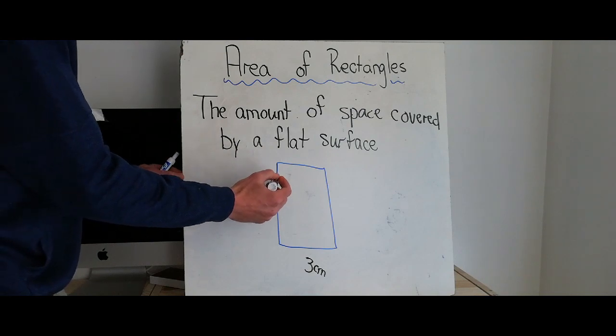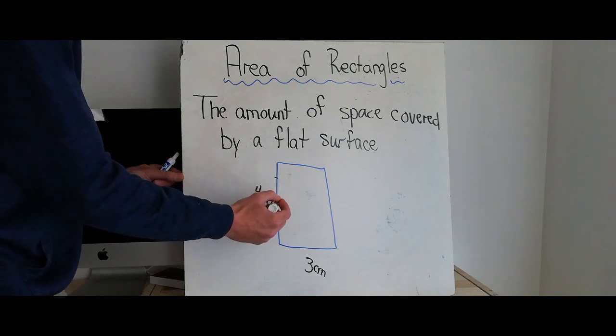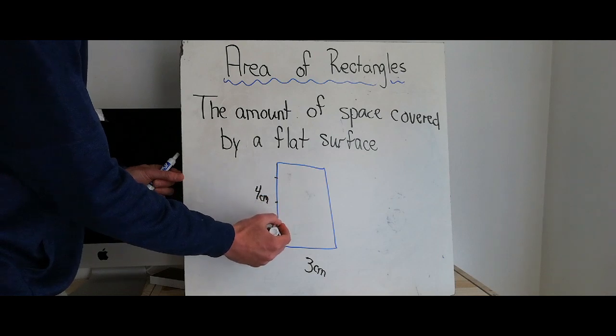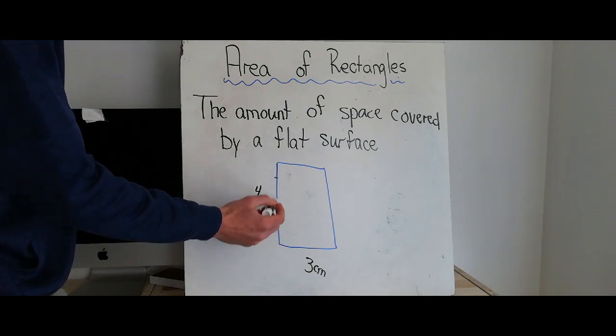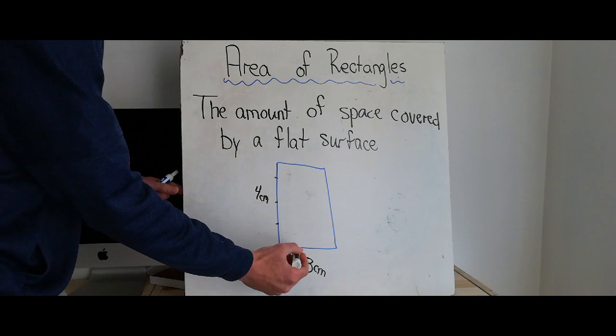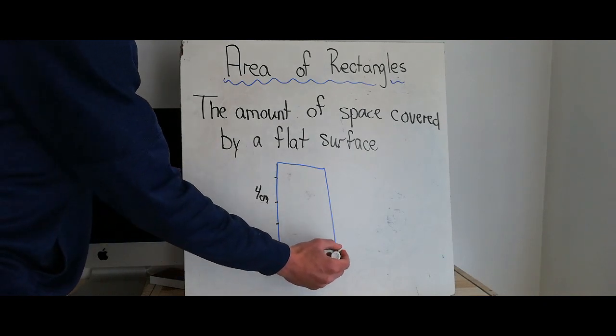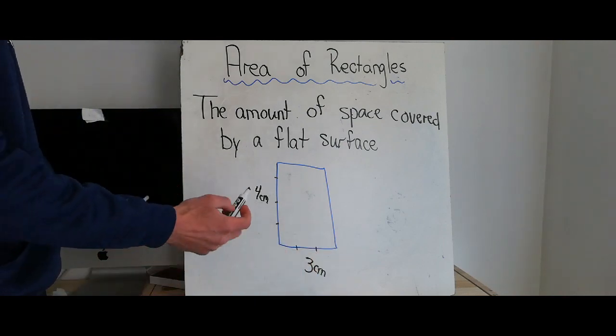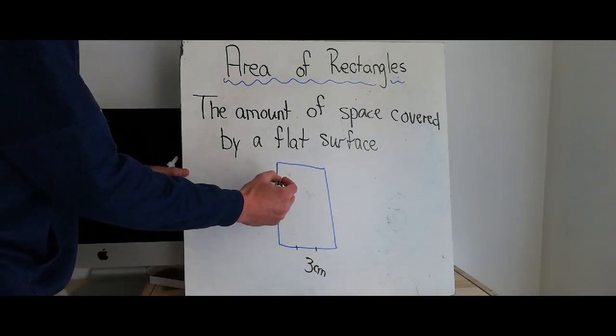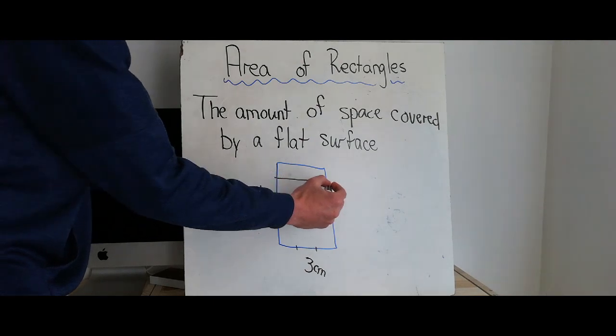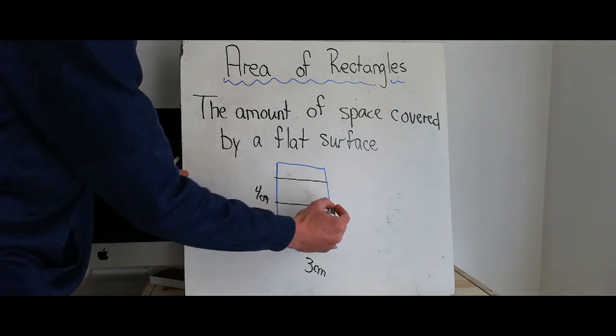If we divide the length of this side into 4 centimeters, or each 1 centimeter segments, and then each of these little segments, 1 centimeter, 2 centimeters, 3 centimeters. Now what I'm going to do is just extend these lines across. You'll understand in a minute why.